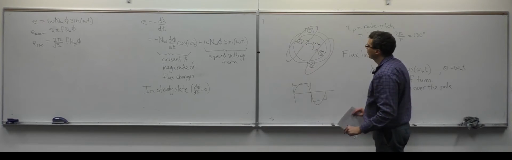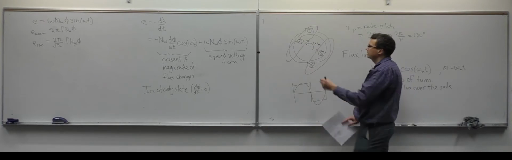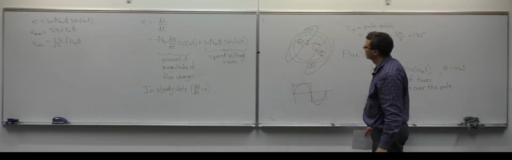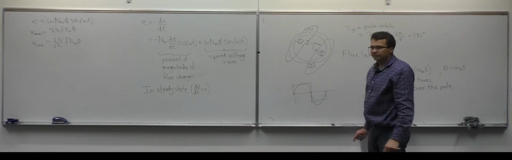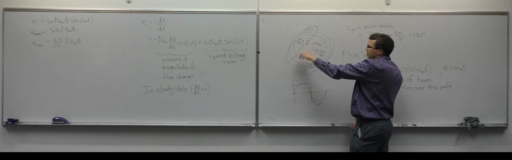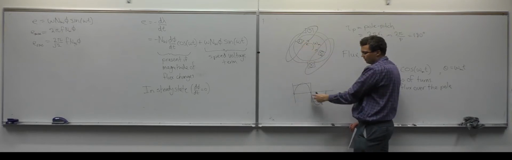Okay, so if we were to calculate the total flux going all the way around the rotor, what would it be? The flux going out must come back in, right? So if we went all the way around, it would be 0, because it should be equal and opposite.